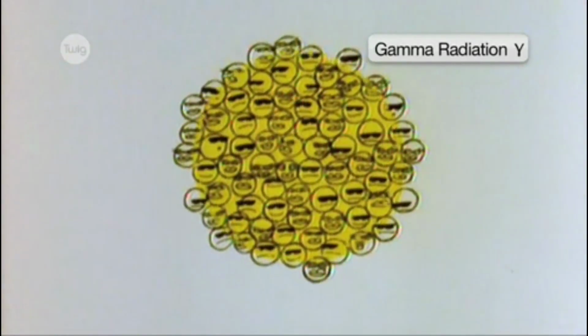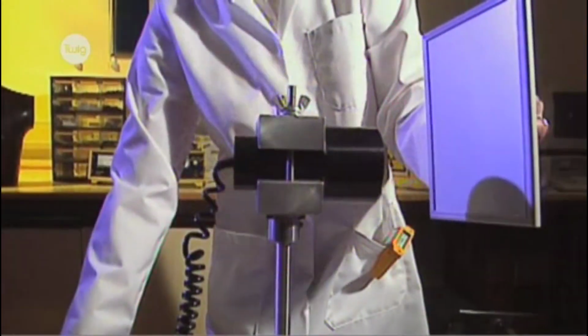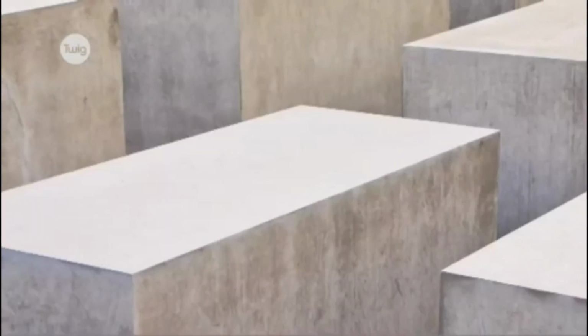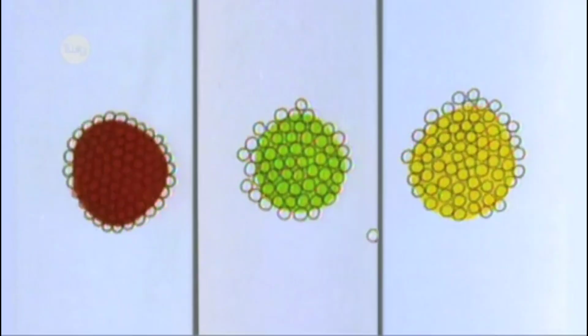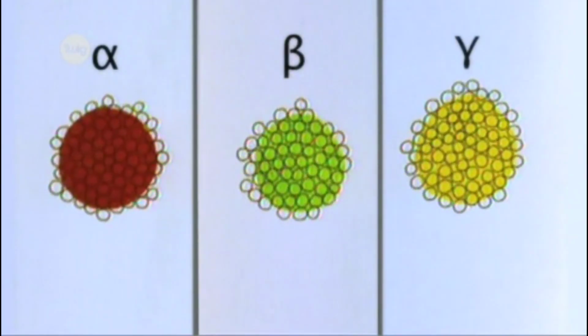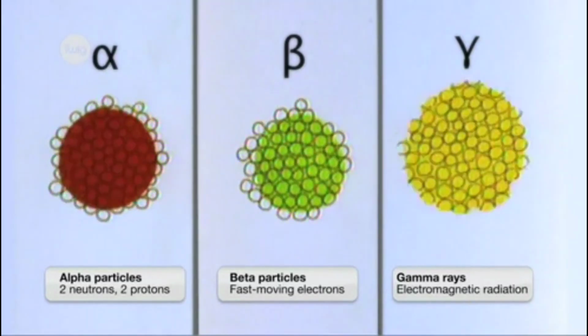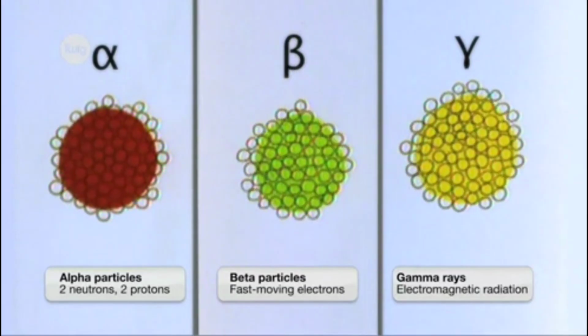Gamma rays are a type of electromagnetic radiation. Gamma rays are extremely penetrating. In fact, several centimeters of lead or a few meters of concrete are required to shield from gamma rays. The high penetration of gamma rays does not necessarily make gamma radiation the most dangerous.